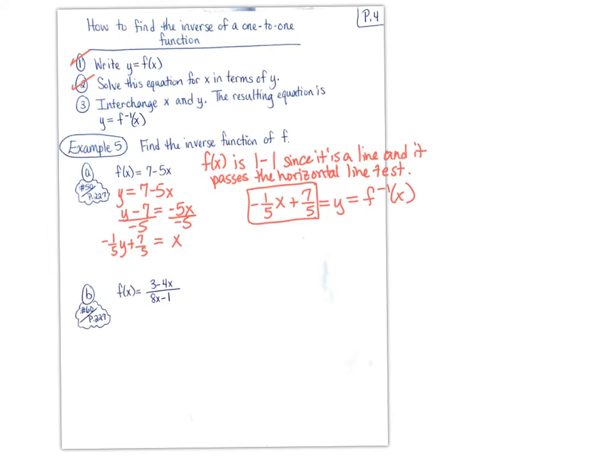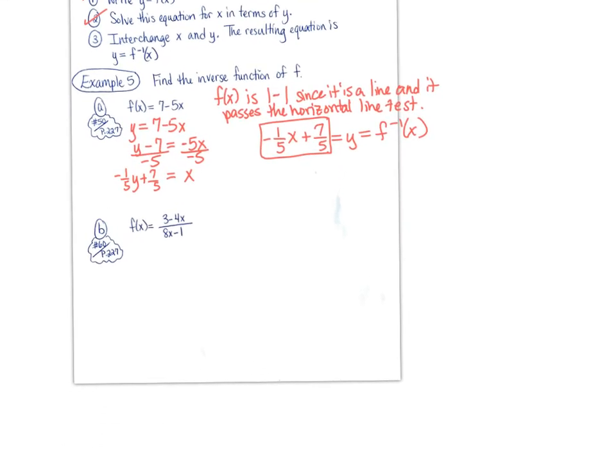Okay, so here we have f of x is equal to 3 minus 4x over 8x minus 1. We agree that f of x is one-to-one. So we can go ahead and start by writing y is equal to 3 minus 4x over 8x minus 1.